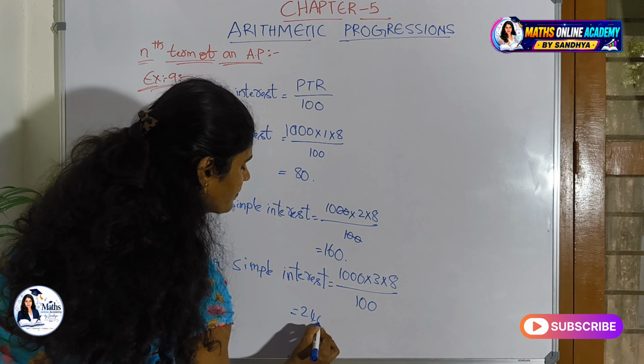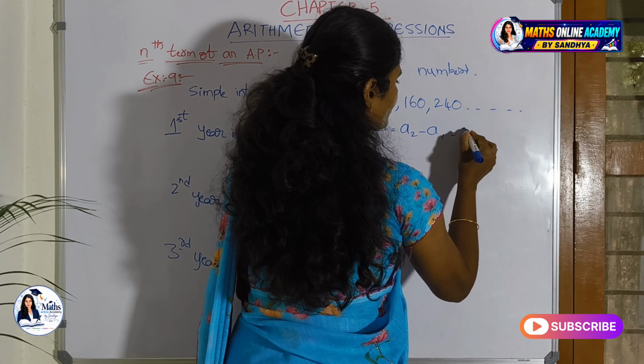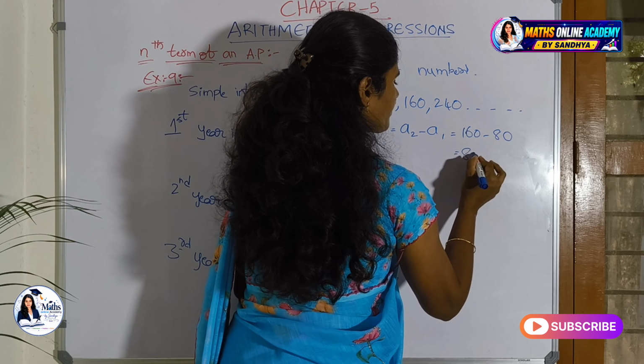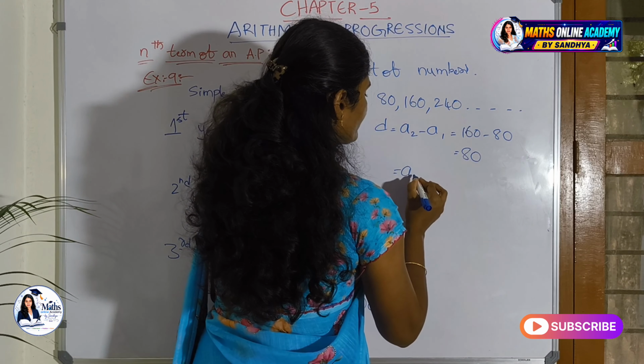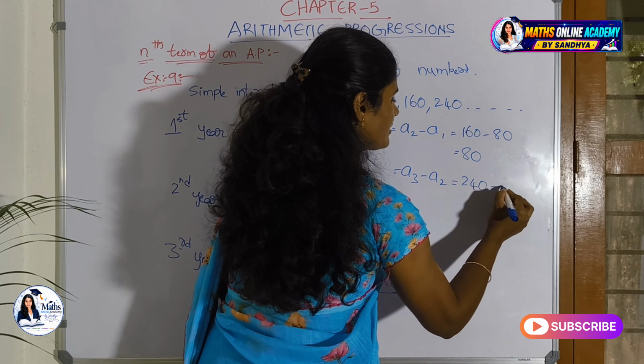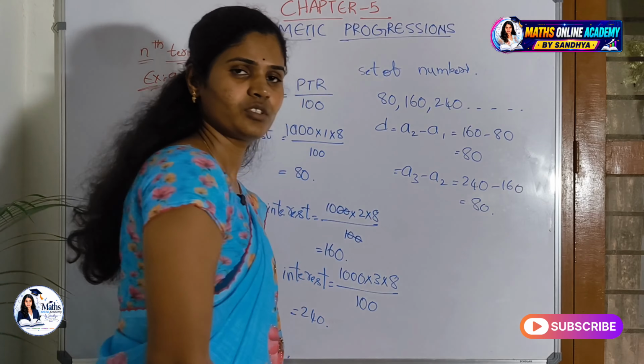How to find out? D is A2 minus A1. A2 minus A1 equals 160 minus 80, which is 80. A3 minus A2: A3 is 240 minus 160. So again 80.